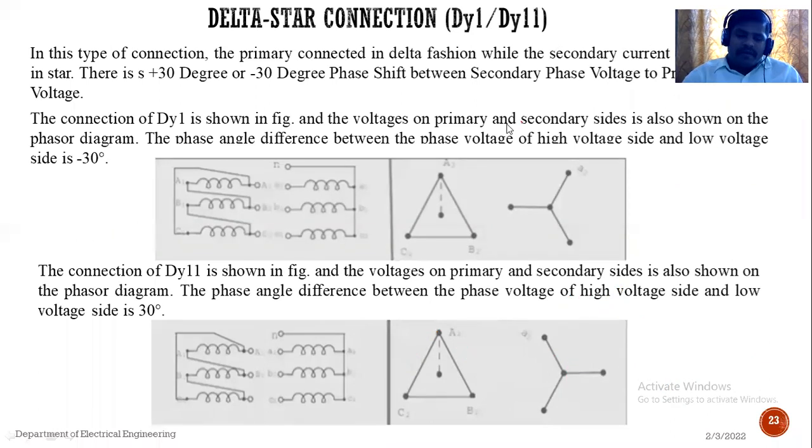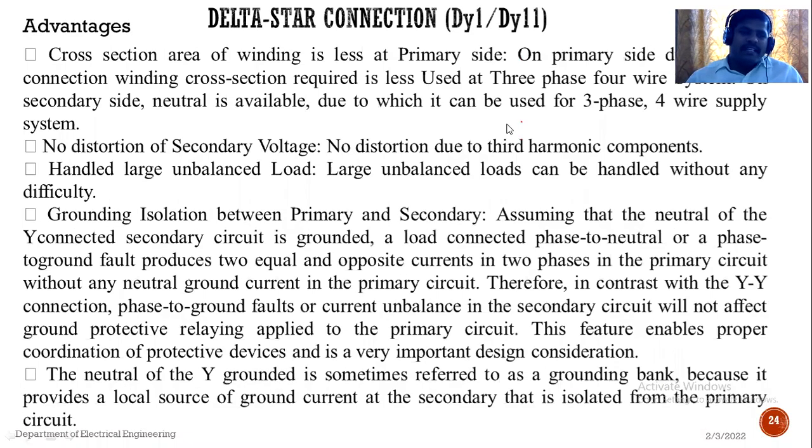Okay, see, we will discuss what the advantages and disadvantages of this type of connection are. The advantage of this type of connection is that the cross sectional area of the winding is less at the primary side. The primary winding of the transformer is connected in delta.